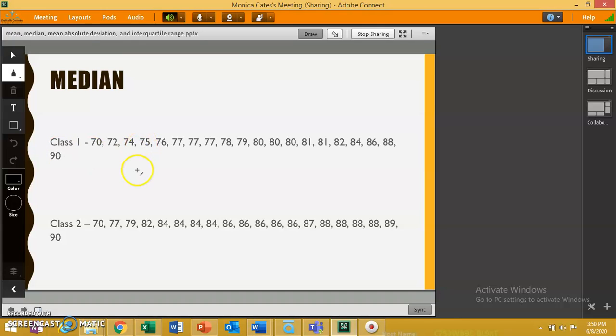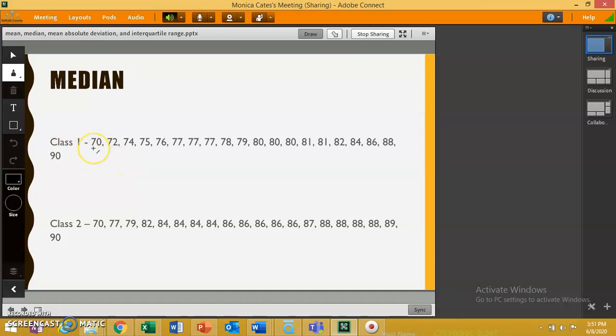All right, so how do we find the median? There's multiple ways of doing this. I want to find the number that's in the middle. One of the ways that I do it is I count. You can divide. There's 20 values, so I know it's going to be 2 values in the middle.